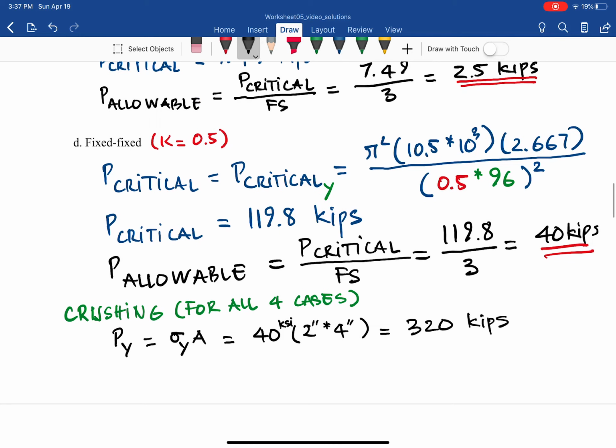So we can have P allowable due to crushing equal to the load to yield divided by factor of safety. They give us also 3 for this scenario, so 320 divided by 3, you get 107 kips.